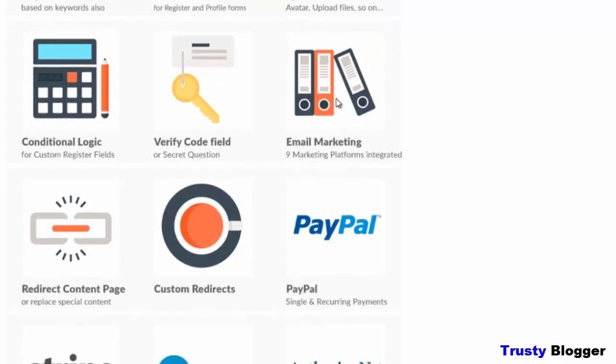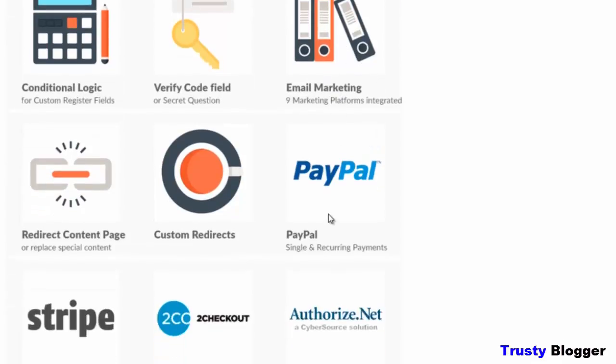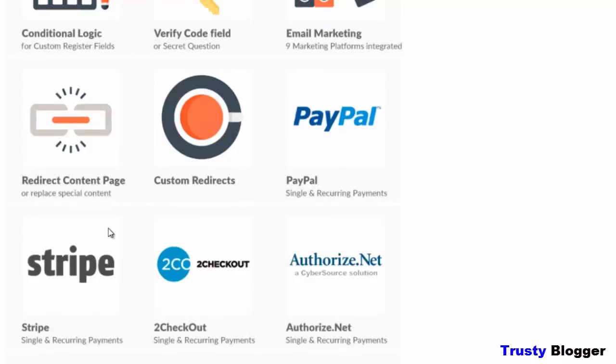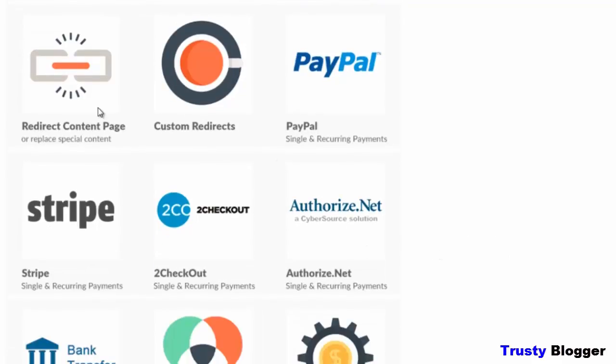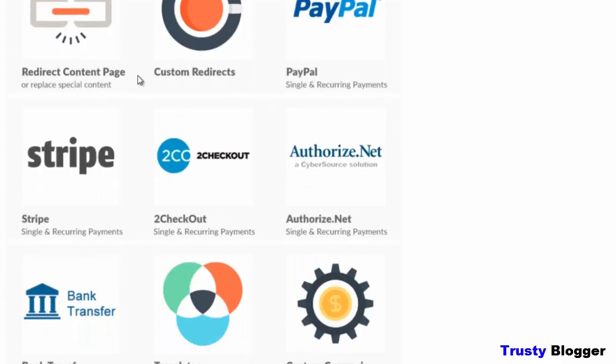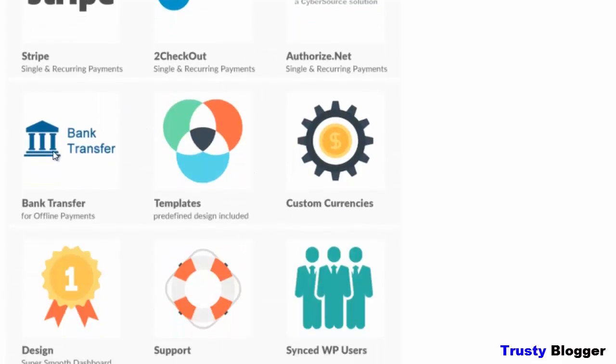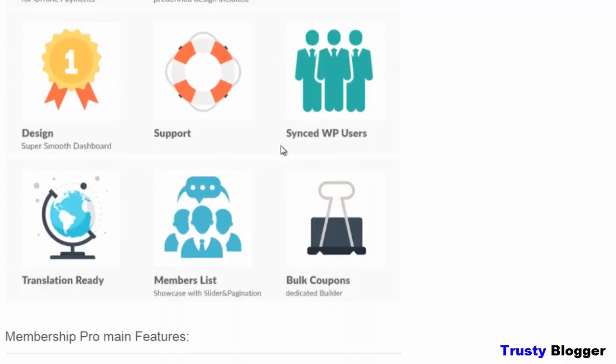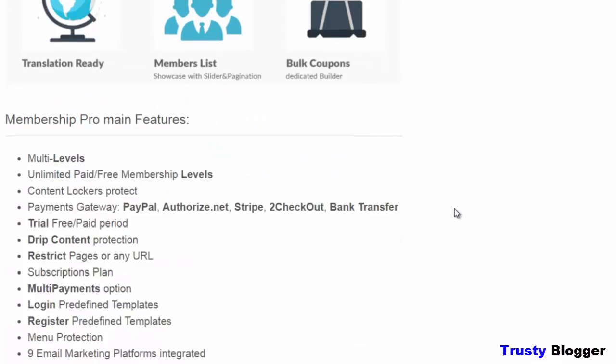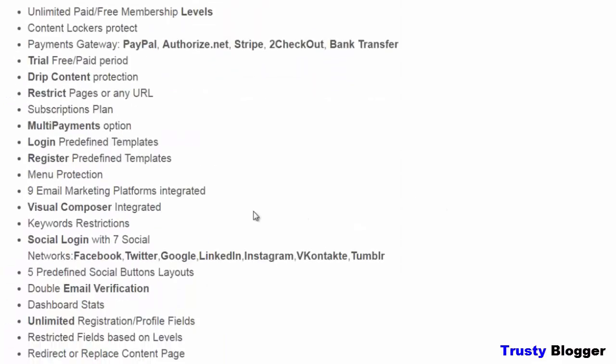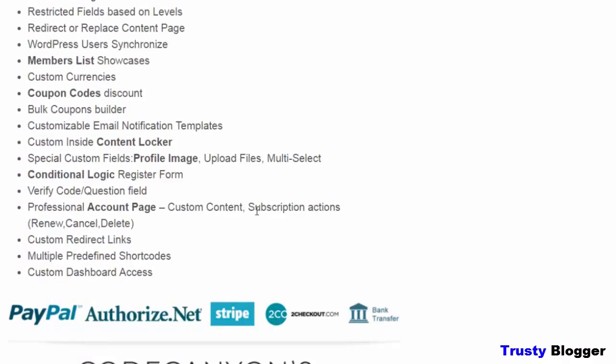You have integration into email marketing autoresponders, which should be pretty standard, but you also have integration into PayPal, Stripe checkout and Authorize.net. You can redirect content pages. You've got bank transfer. You have different templates, which is what I liked. You have really good support. You have good design. You have bulk coupons. And they're also constantly adding tons and tons of other features.